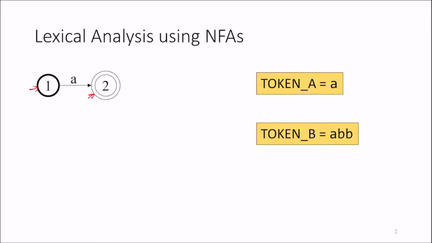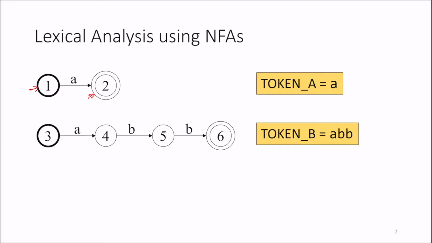Token B is the concatenation of A, B, B. The finite state automata for that is then just the sequence A, B, B. You're transitioning from this start state all the way to this final state. At any point, if you're at state 4 and you get another symbol, it's not going to be able to get to a final state, so it would reject that string.